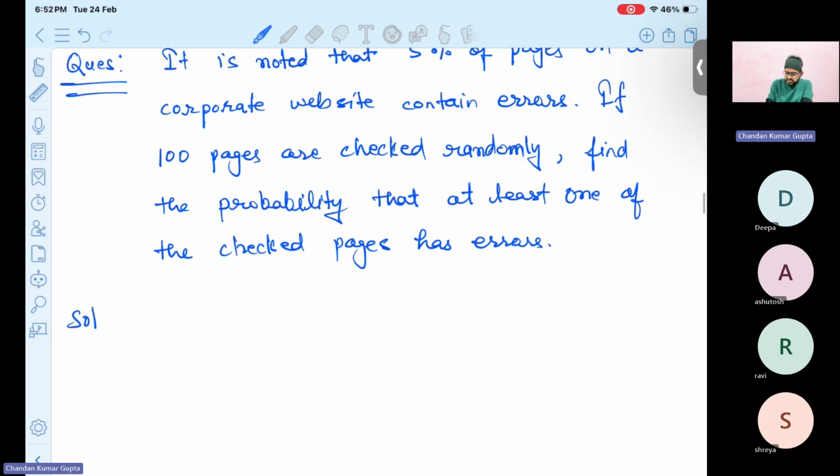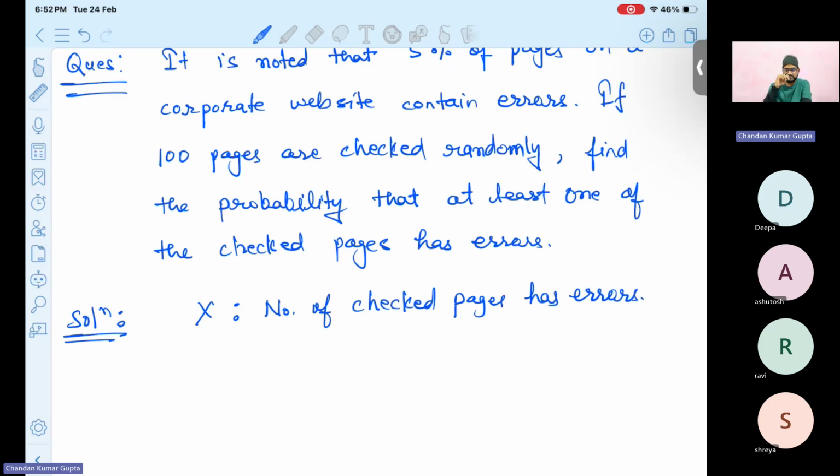Okay, so let's solve this again. Here, our random variable is the number of checked pages that have errors.